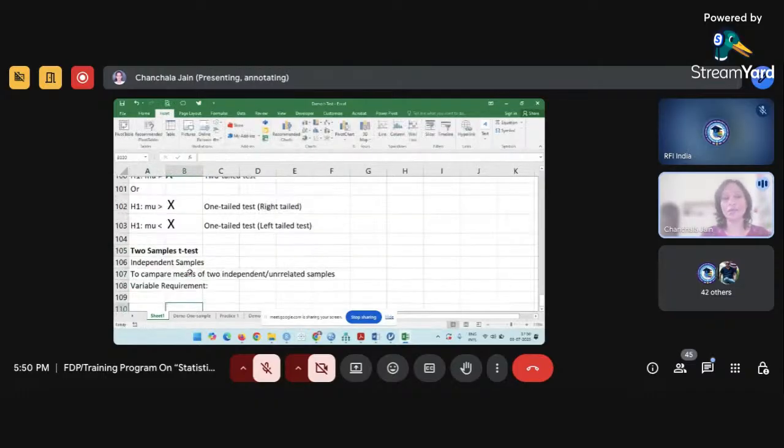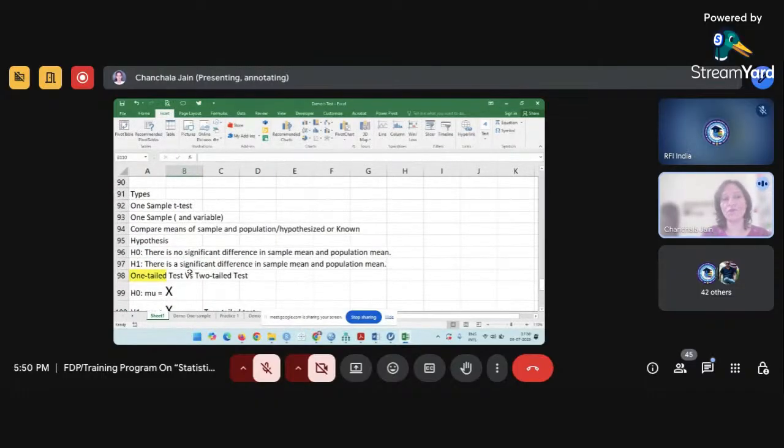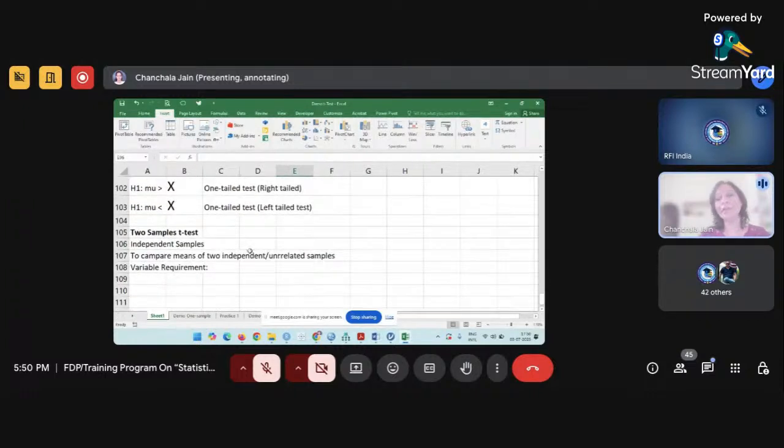I think in case of one sample t-test, I forgot to tell you. Here we will be having one variable and this variable will be your numeric or continuous variable, right? Coming to the independent samples t-test, here we need to have two variables.